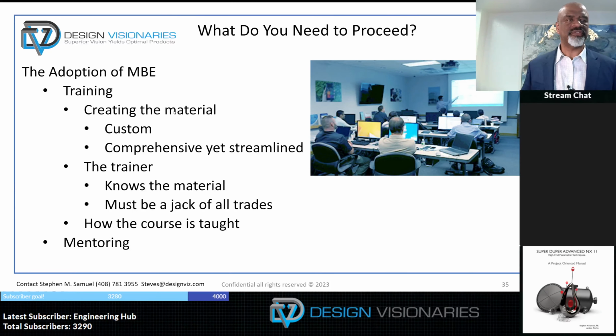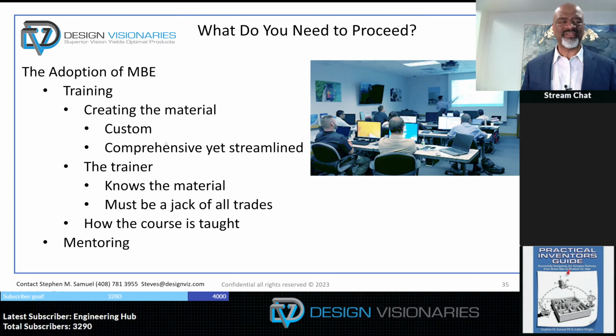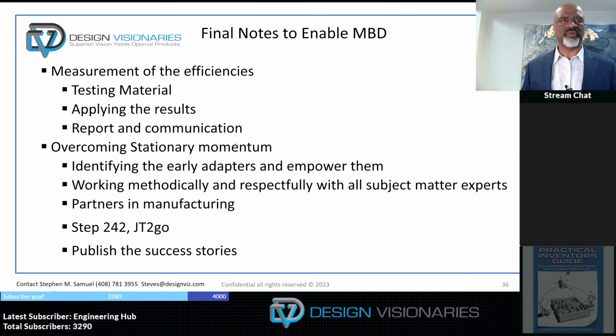We've got to have a person that we will assign you if you give us the privilege of working with you, that has a lot of experience doing all of this and a lot of experience with processes. And the course has to be taught in real time with your parts. And then there has to be mentoring afterwards.